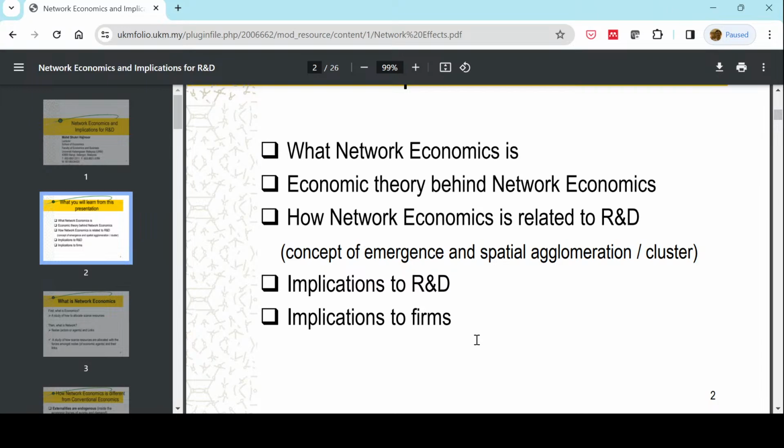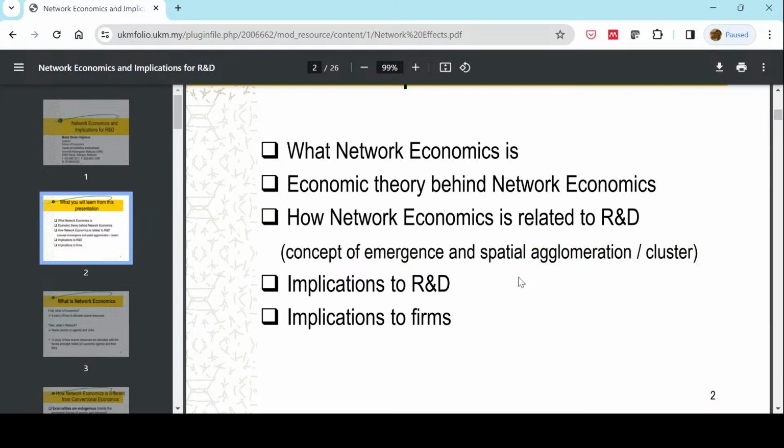We want to focus the concept of emergence on spatial agglomeration, which is clustering of firms in one location. That's agglomeration. And there's another economics, we call it economics of agglomeration.